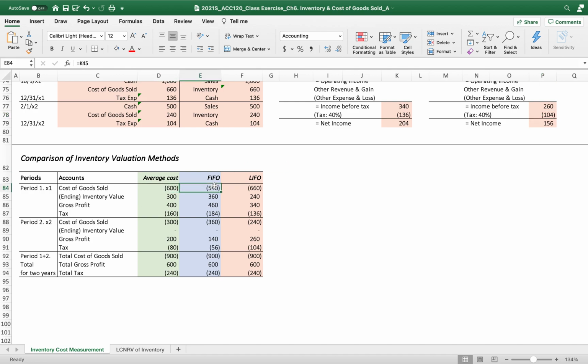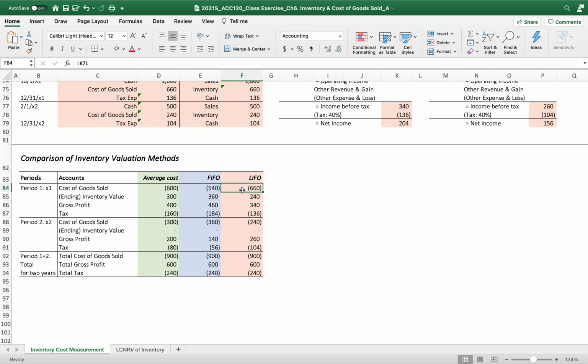Then let's compare the inventory valuation methods through this table. Cost of goods sold in the period, average cost. Let's just compare FIFO and LIFO. As I explained earlier, under LIFO, cost of goods sold is expensive because we count the last purchased in, which is most expensive, as the inventory first out. So the remaining inventory under LIFO is definitely the cheapest, because the remaining is the inventory we purchased earlier at the cheaper price.